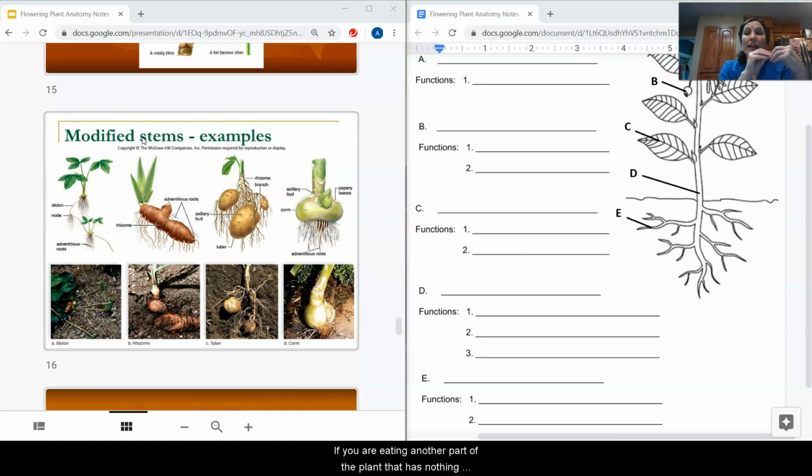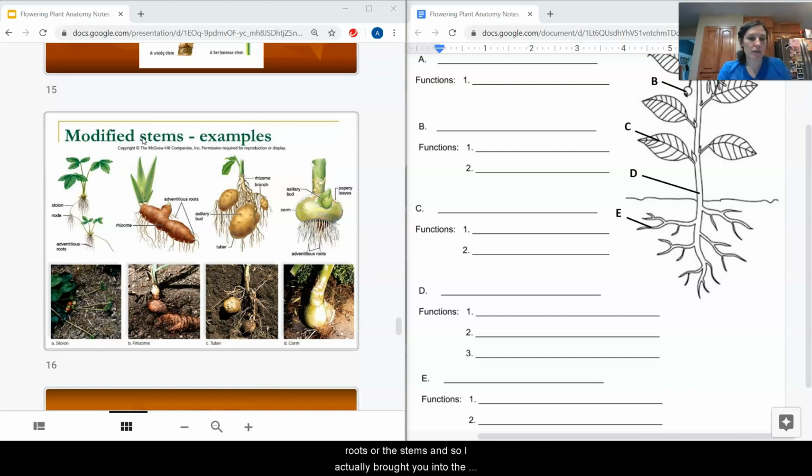If you are eating another part of the plant that has nothing to do with the seed, then it's a vegetable. So if you're eating the stem or the roots, then it's a vegetable. So like a carrot is a root, so it would be a vegetable. Okay, and so these are some examples of things that you may eat that are different parts of the plant that have nothing to do with the seed, and usually the roots or the stems.